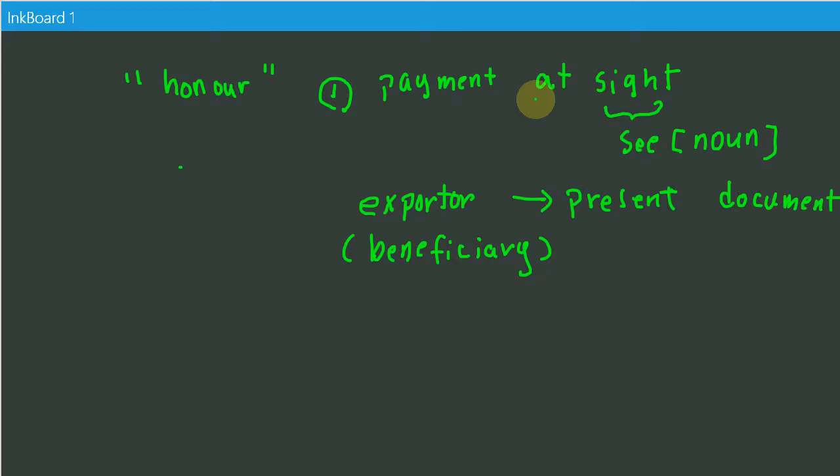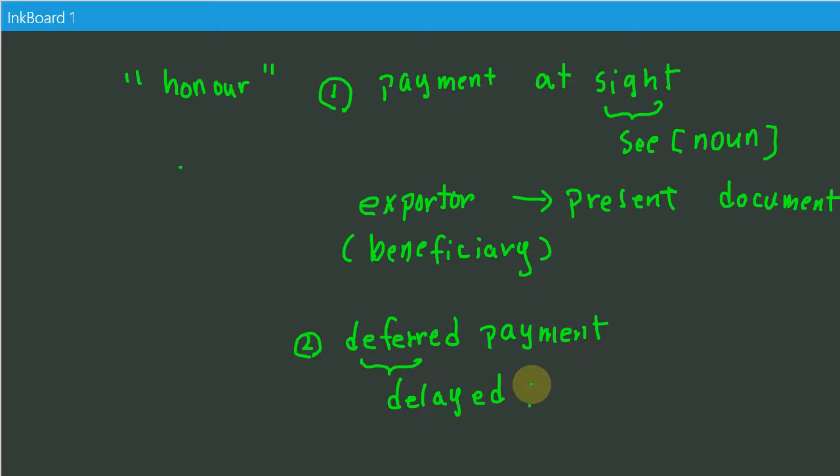Okay, and deferred payment. Deferred payment means delayed payment. The meaning of deferred payment is that the bank is responsible for payment but not at sight, delayed for some period.